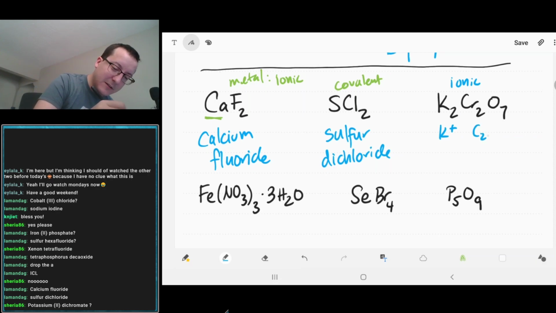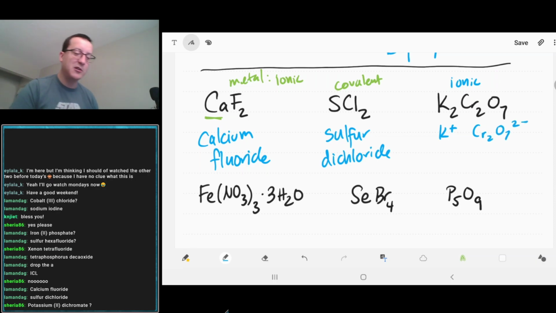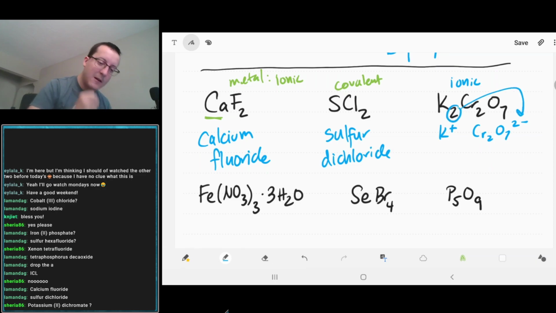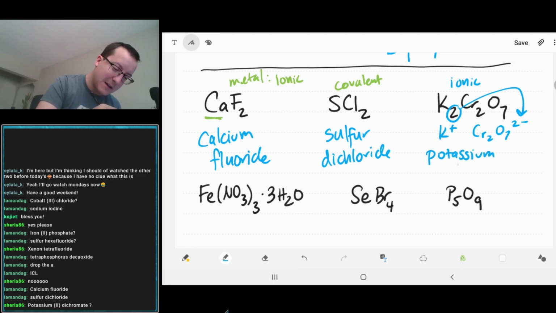And that 2 that you see there is actually from the dichromate, because dichromate is 2-. That's the 2- that came from before. So potassium is in fact just a +1 charge there. So this one is going to be potassium dichromate.